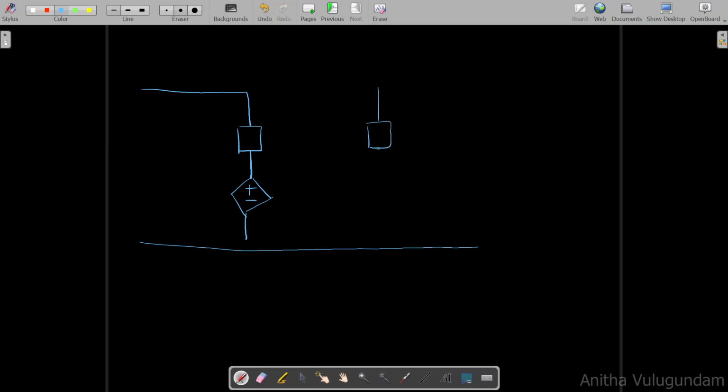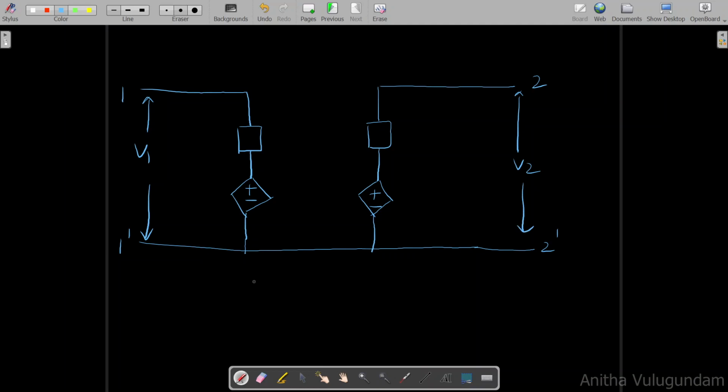The equivalent circuit of the two-port network is drawn like this. This circuit can be drawn from the equations itself.